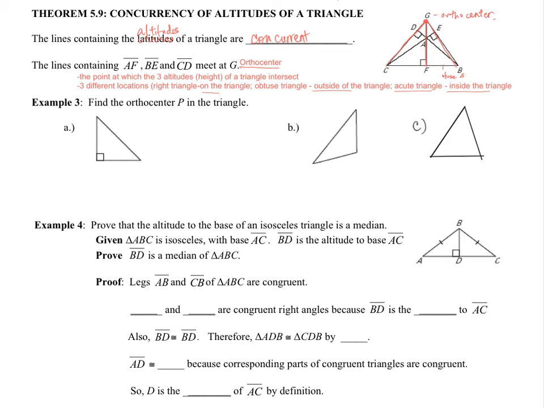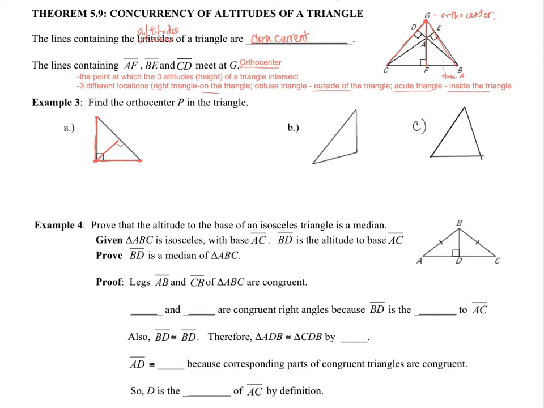If we look at the right triangle in part A, I'm going to outline where all three altitudes are from each vertex. From this vertex, I can draw the altitude downwards. From this vertex, I can draw the altitude leftwards so that it meets at this point. And from this vertex, I can draw the altitude to the opposite side.